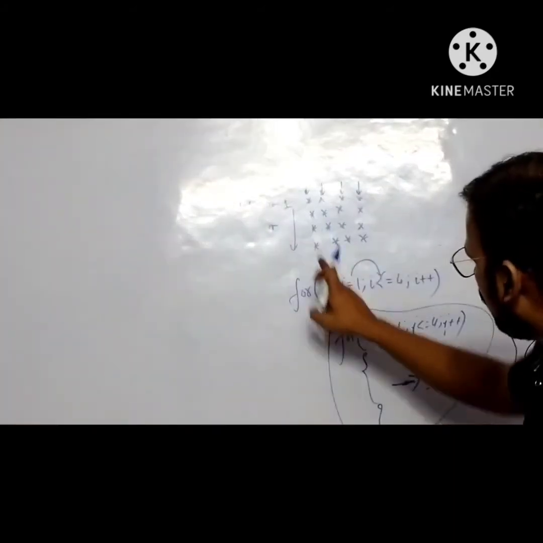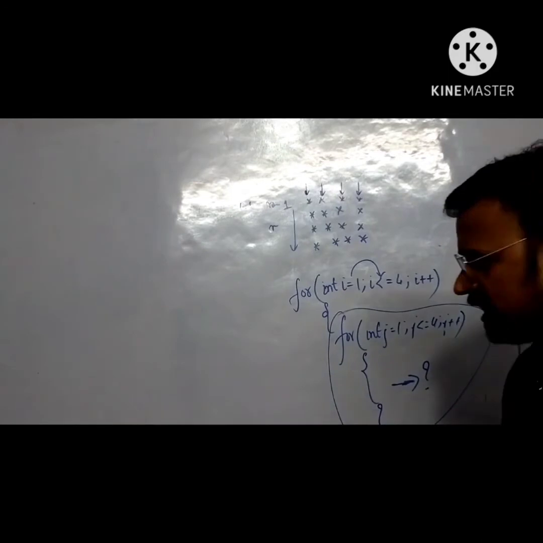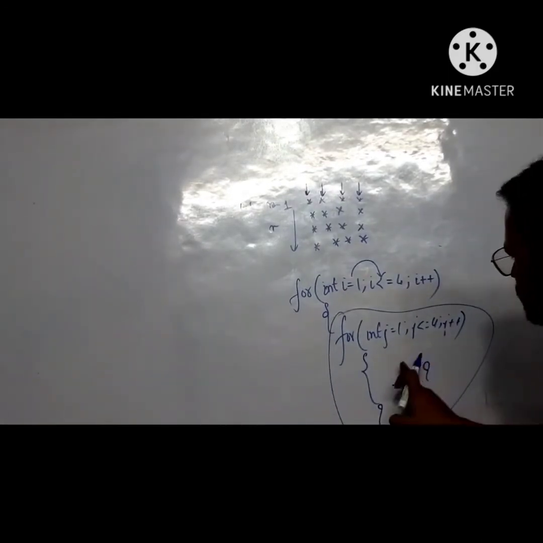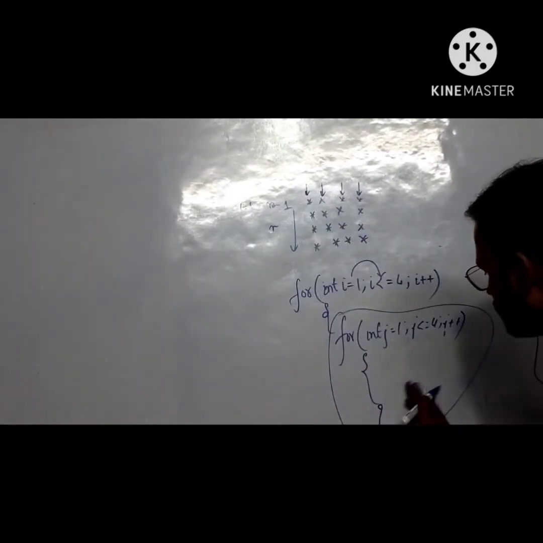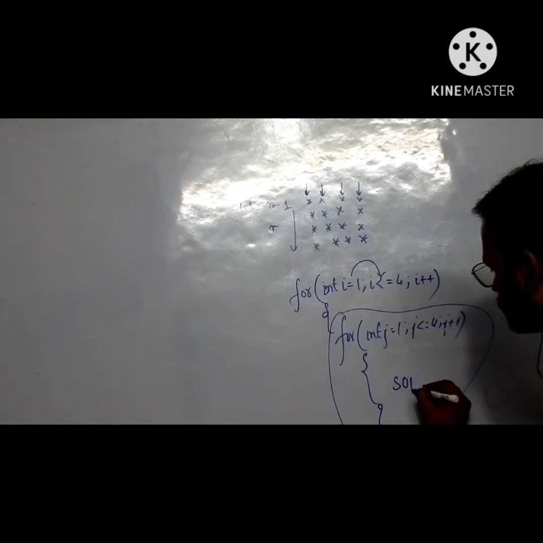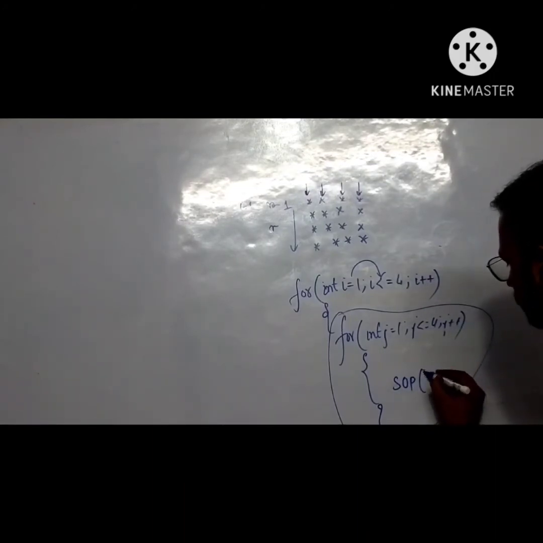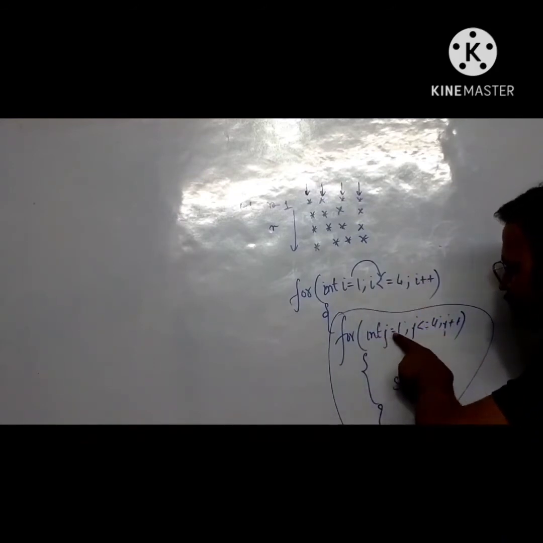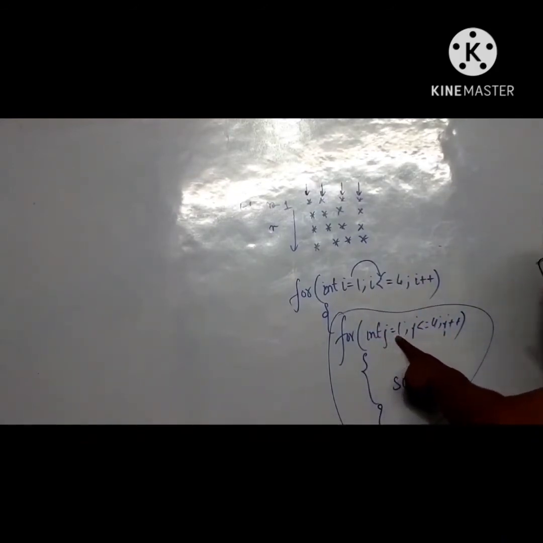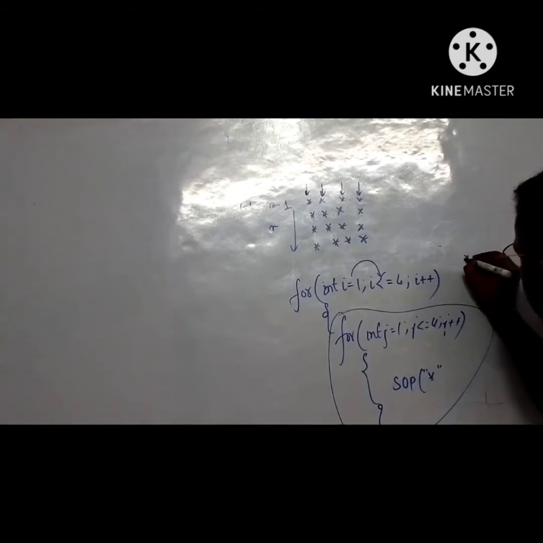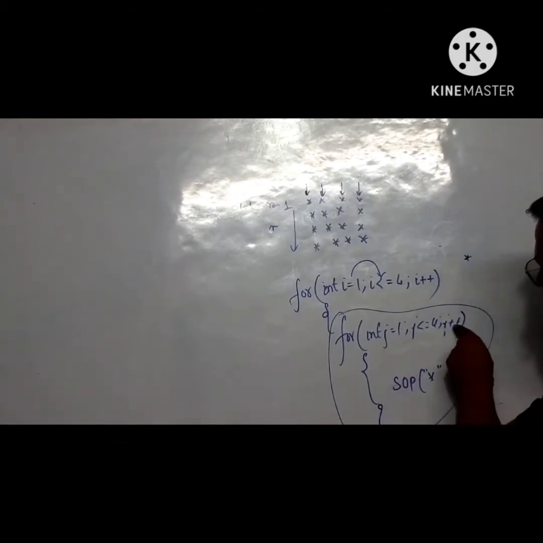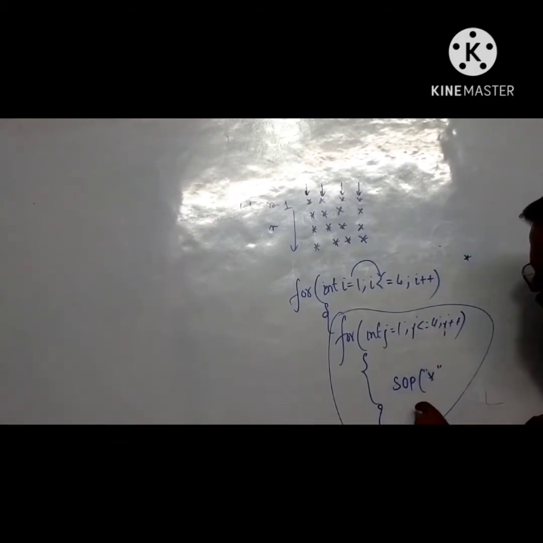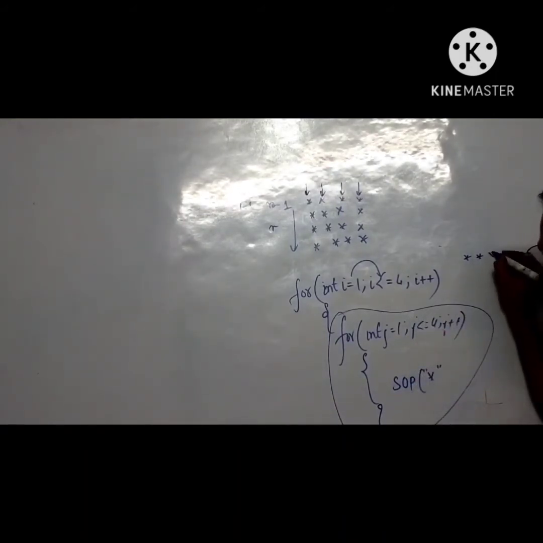See, for one i value, we are not going to change the line, so we just print the star with SOP. For i equal to 1, for the j value 1, it is going to print 1 star. Then again j++, j value 2, 2 is less than 4, it is again printing a star. Then j++, j value 3, again printing a star.